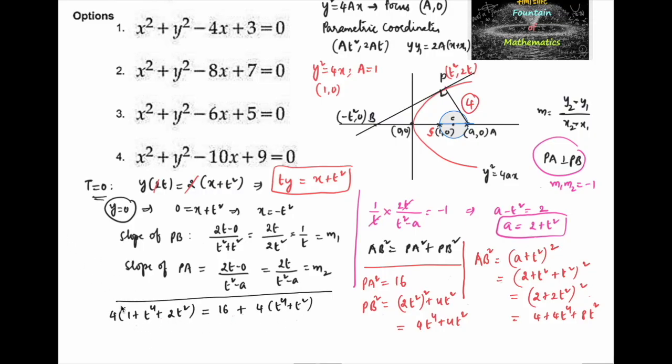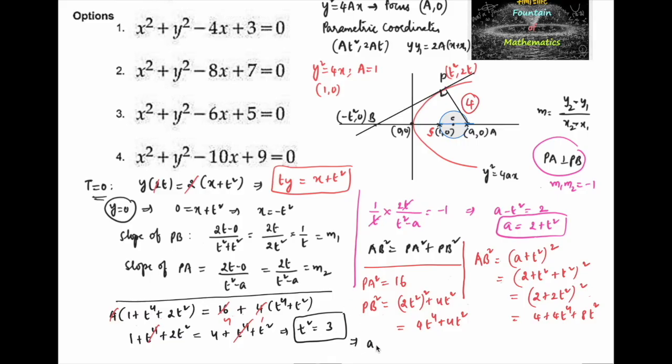So here 4 I can cancel, and I can write directly 1 plus t power 4 plus 2t square is equal to 4 plus t power 4 plus t square. So here t power 4, t power 4 gets cancelled, and 2t square minus t square, that is 1 times t square, is equal to 4 minus 1 is 3. So t square value got it as 3.